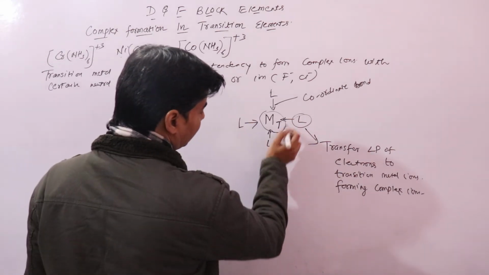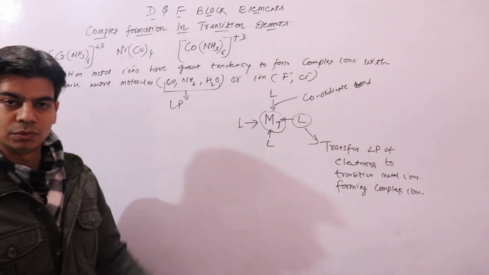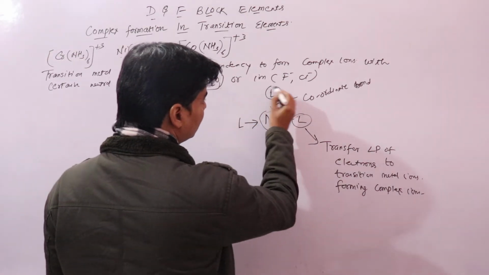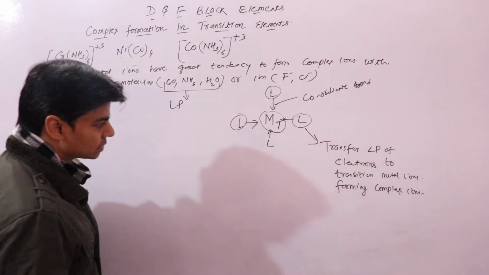Now let's look at why transition metal ions can easily form such compounds, or easily associate with these ligands, which are neutral molecules or ions.